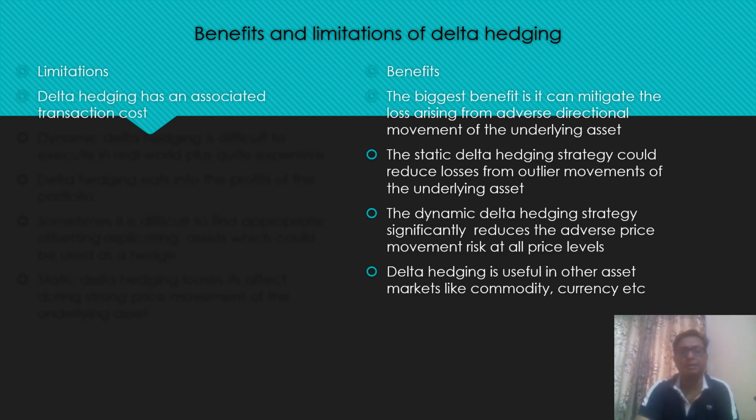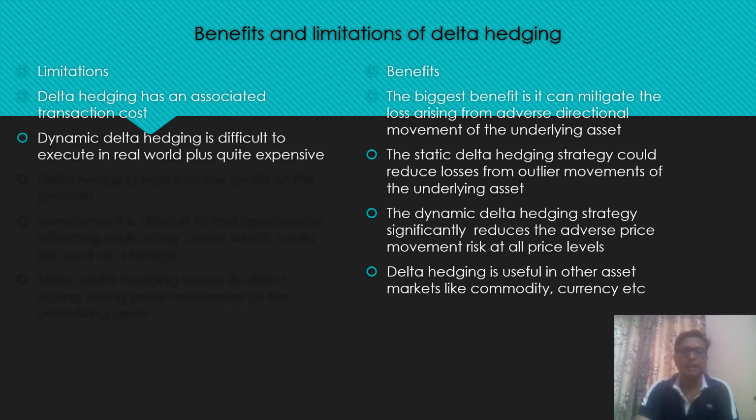Now let's examine the limitations. Delta hedging has an associated transaction cost. Dynamic delta hedging is difficult to execute in the real world, plus it is quite expensive, especially in the long term.